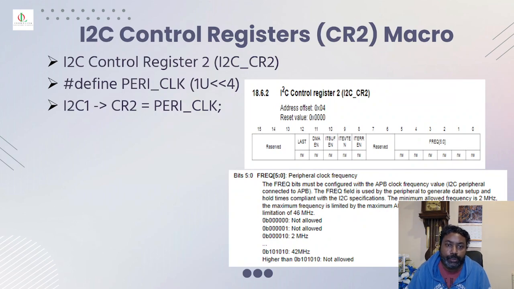And we will be using CR2 from today's programming. So you need to set bits 5 to 0 in this format. To set the peripheral clock, you need to enable the 4th bit. That's your peripheral clock enable, and the I2C you need to link to the peripheral clock.